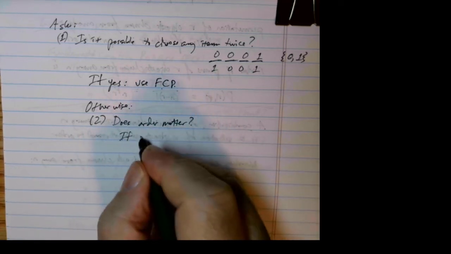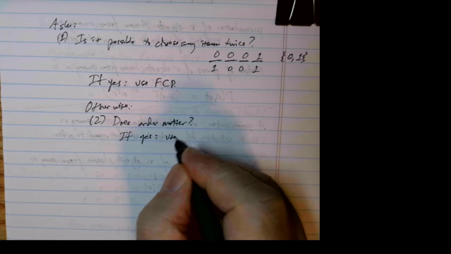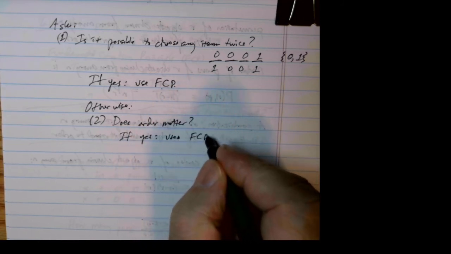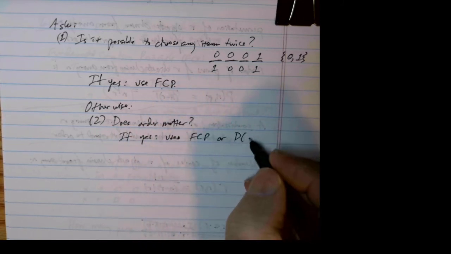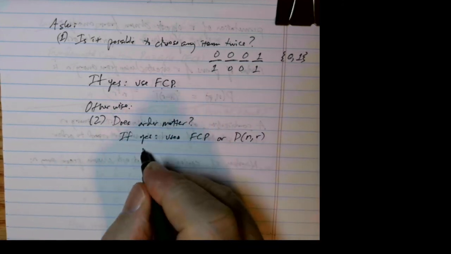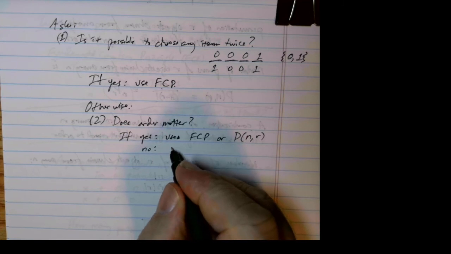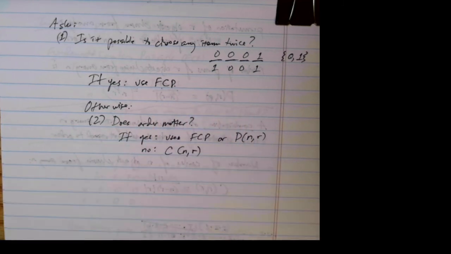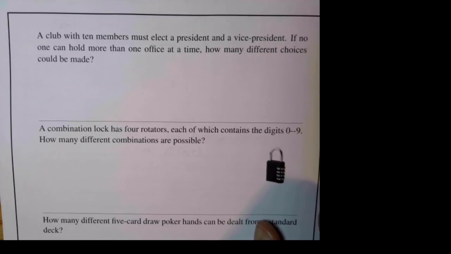If order does matter, then you should use either the fundamental counting principle or permutations. P of n, r, that's what you're looking for. If no, then it's a C of n, r kind of problem. And as I said, it's not easy. You just have to think hard about each problem.